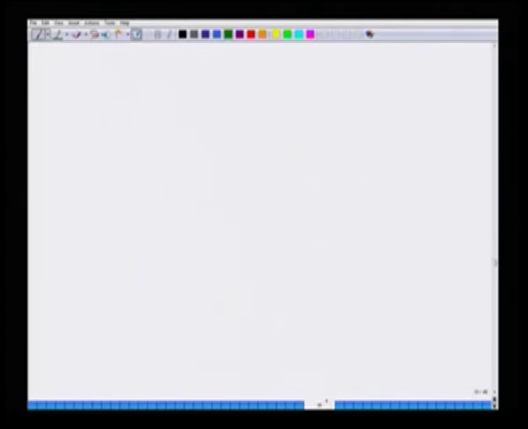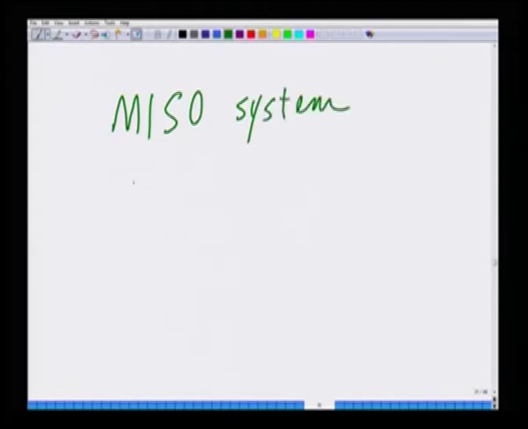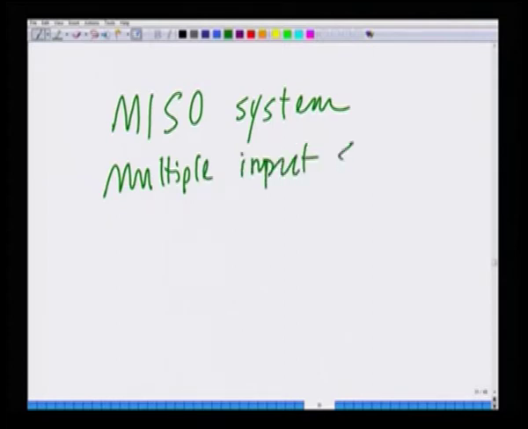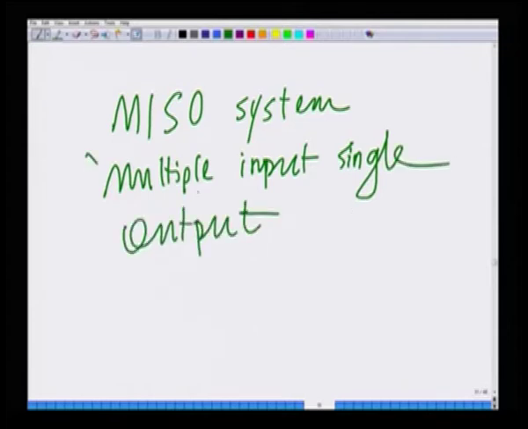Also in the context of MIMO, transmit diversity is known as MISO, which stands for multiple input single output. This is known as a MISO system.